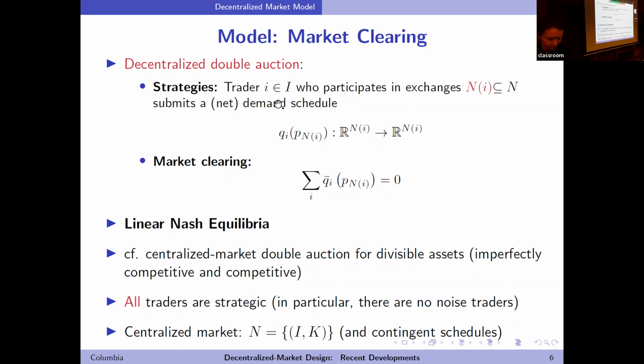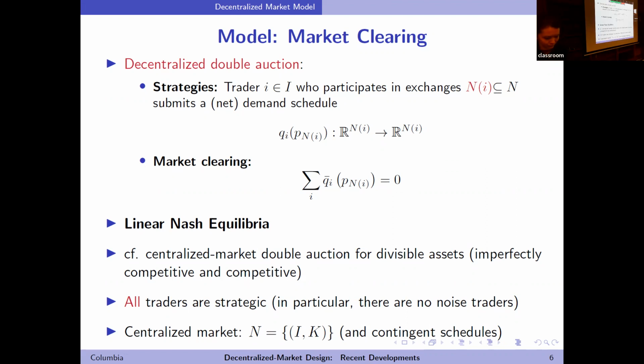So N of I is the type of asset I trade. Is that what you're saying? The previous slide, right? Right, and I is the set of exchanges in which trader I participates. But this is different from our conversation, right?